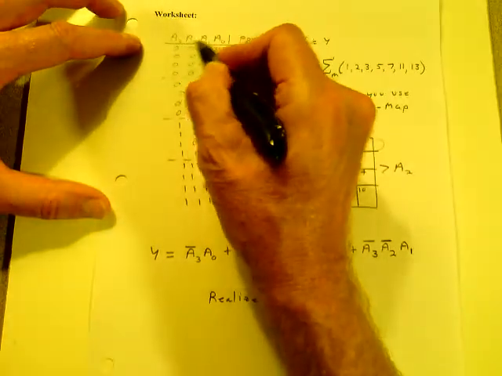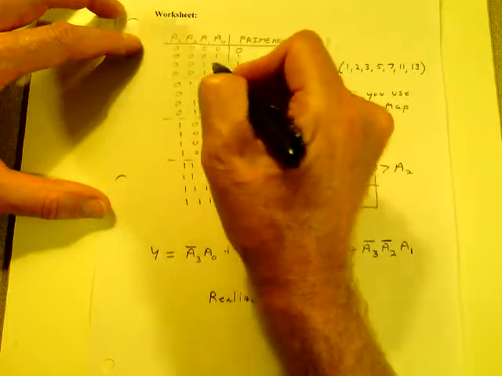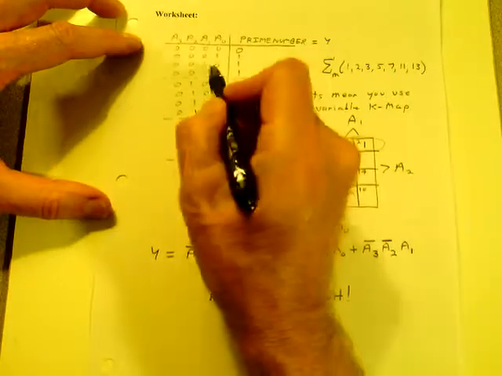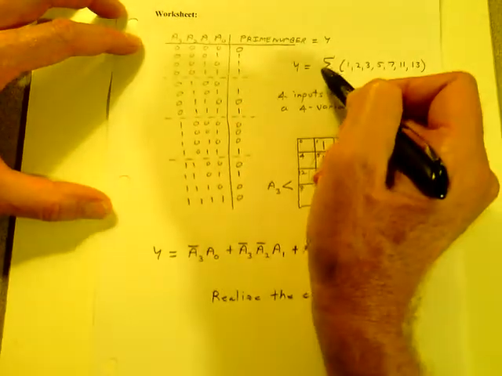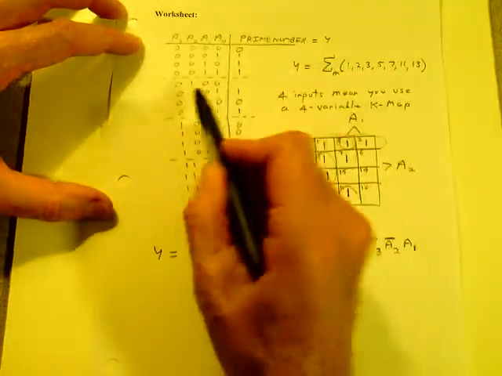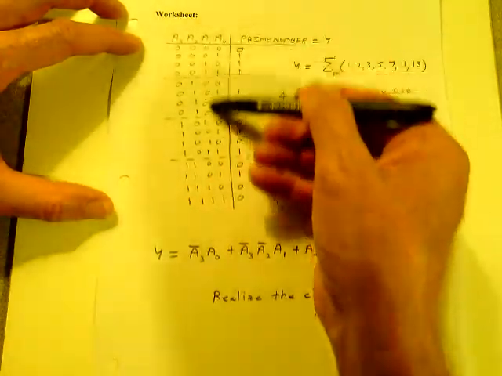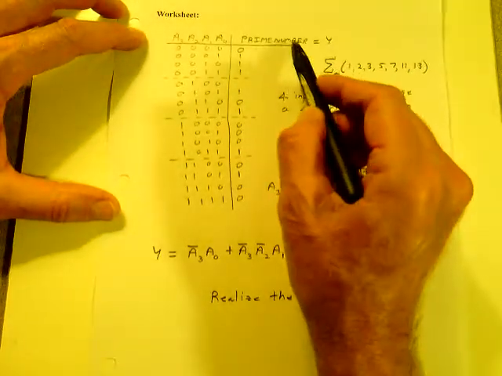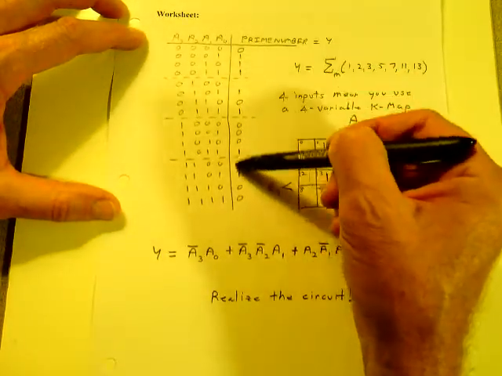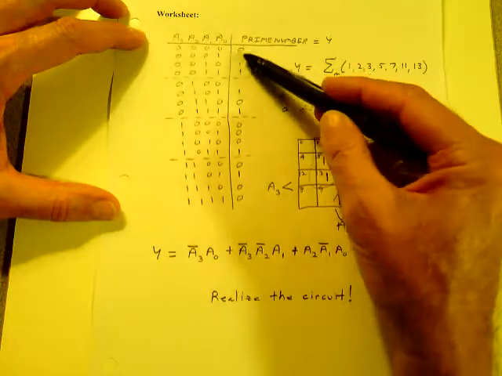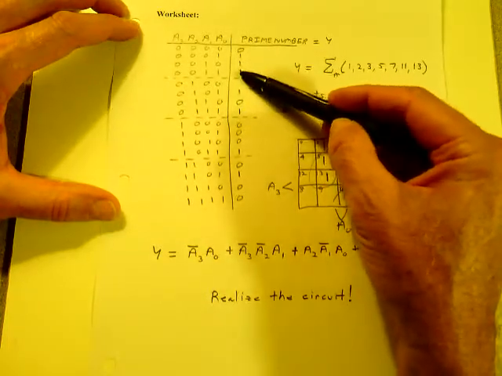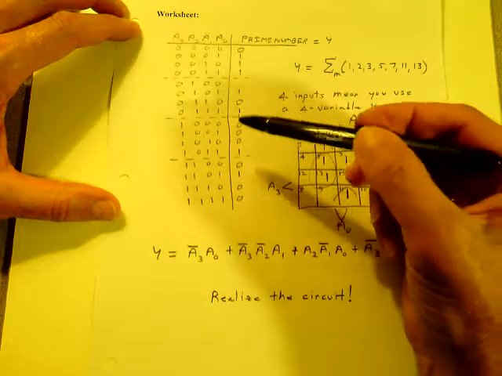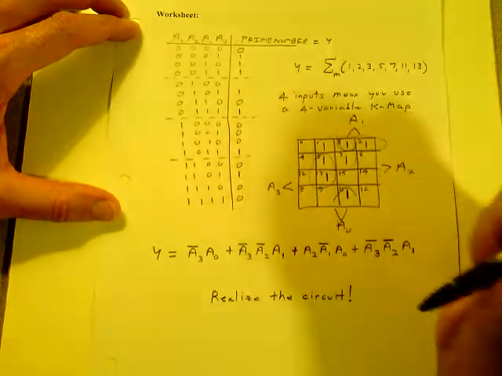You literally count 0, 1, 2, 3, and I separate groups of 4, and there's your binary 5 and 6 and 7 and 8. You do this sequentially, you won't miss any possibility. And then for your prime number outputs, you write a 1 where all your fundamental products are going to be. Here's the 1 at 1, here's 2, here's 3, here's 5, here's 7, here's your 11, here's your 13.